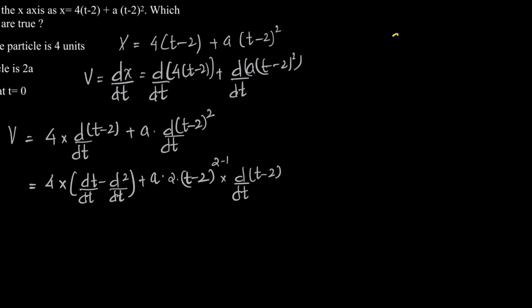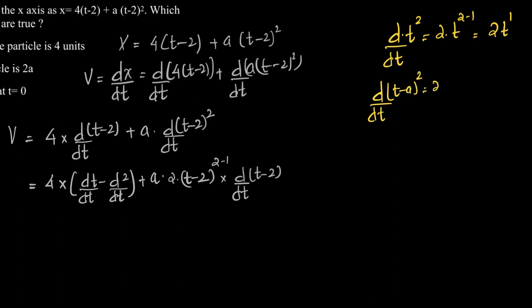See, d by dt of t square is 2 into t raised to 2 minus 1, which is equal to 2 into t raised to 1. Now, d by dt of (t minus a) the whole square will be equal to 2 into (t minus a) raised to 2 minus 1 into d by dt of (t minus a).